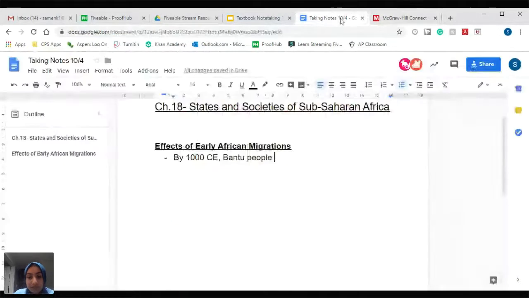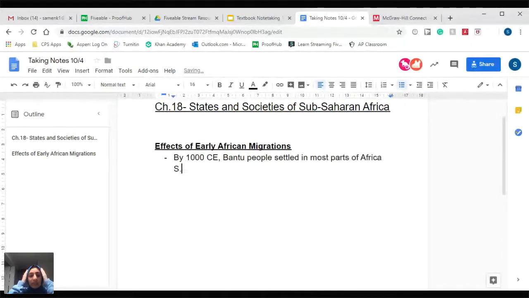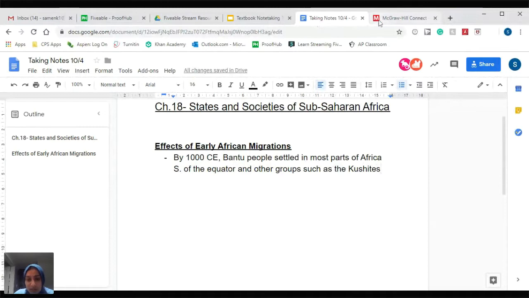South of the equator, settled in most parts of Africa. And then I'll abbreviate south as S. of the equator, and other groups such as the Kushites, what was it, Sudanese? Yeah. And I'm just going to write Sudanese live too.